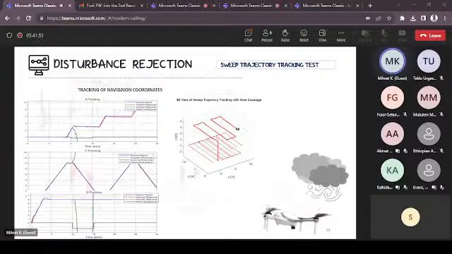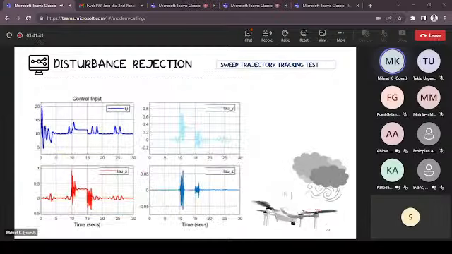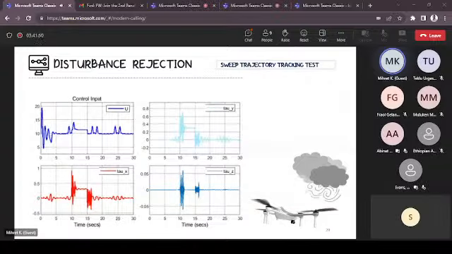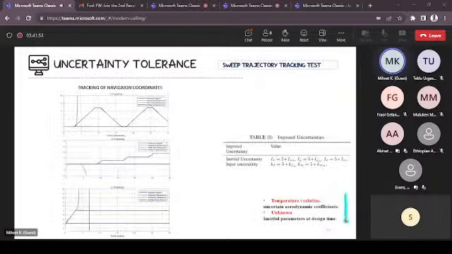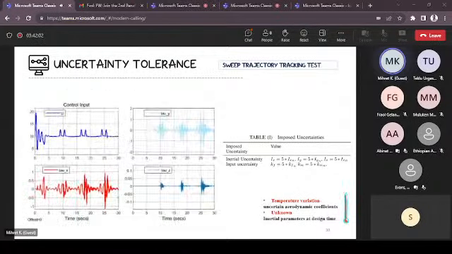Another test has also been implemented to test the uncertainty tolerance ability of the designed controller. It was tested by using 5 times the parameter values that have been used in the nominal design, and the plot here again shows that the adaptive augmentation is able to maintain tracking and stability with the control inputs that are presented here.